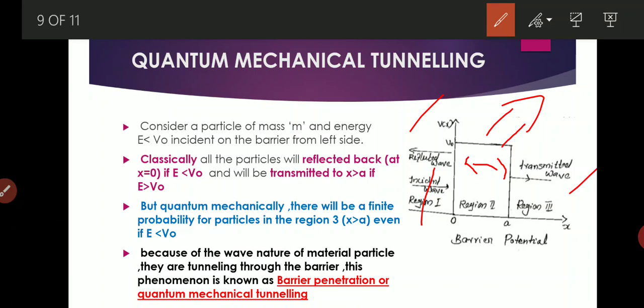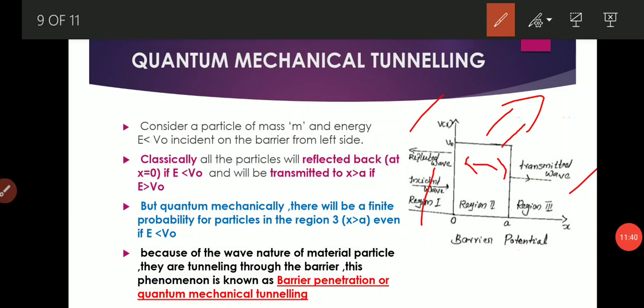Then in the third region, ∂²psi3/∂x² + (2m/ħ²) E psi3 = 0. These are the three Schrödinger equations of the particles in these three regions: region 1, region 2 and region 3.